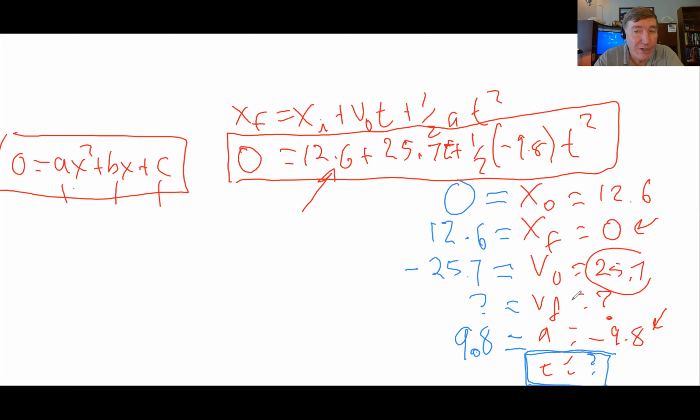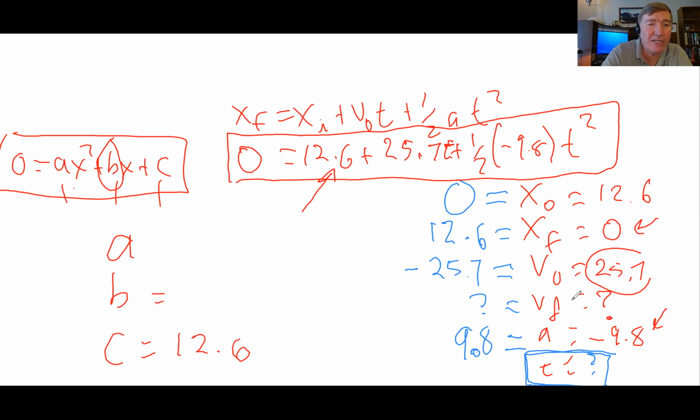No. Very good, because it doesn't have a variable attached to it. So 12.6 is not going to be A. 12.6 is going to be C, right? What is B? Well, B is the coefficient of the X term.